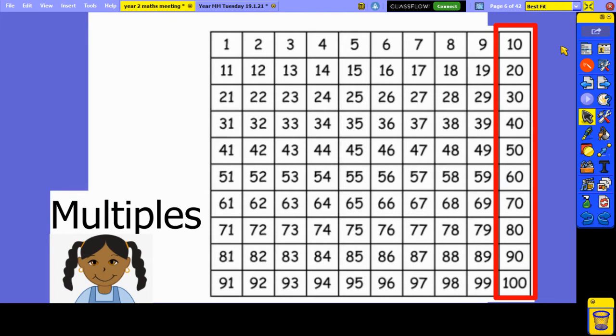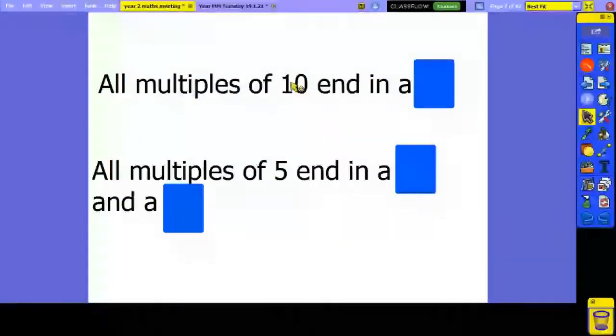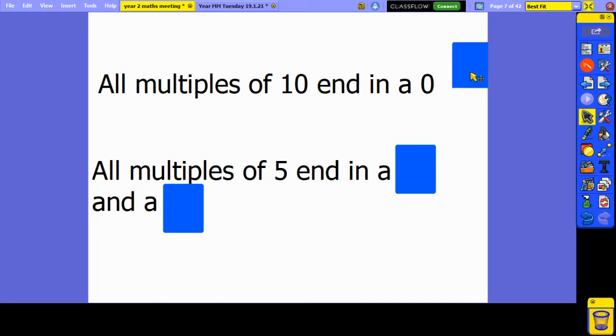Well done. These multiples of 10 all end in the same number. What do multiples of 10 always end in? They always end in a 0. All multiples of 10 end in a 0.